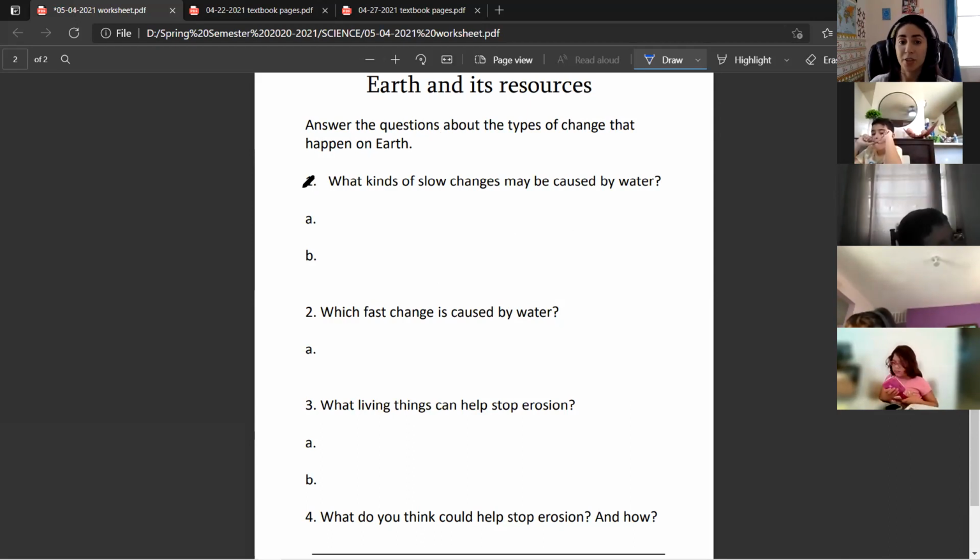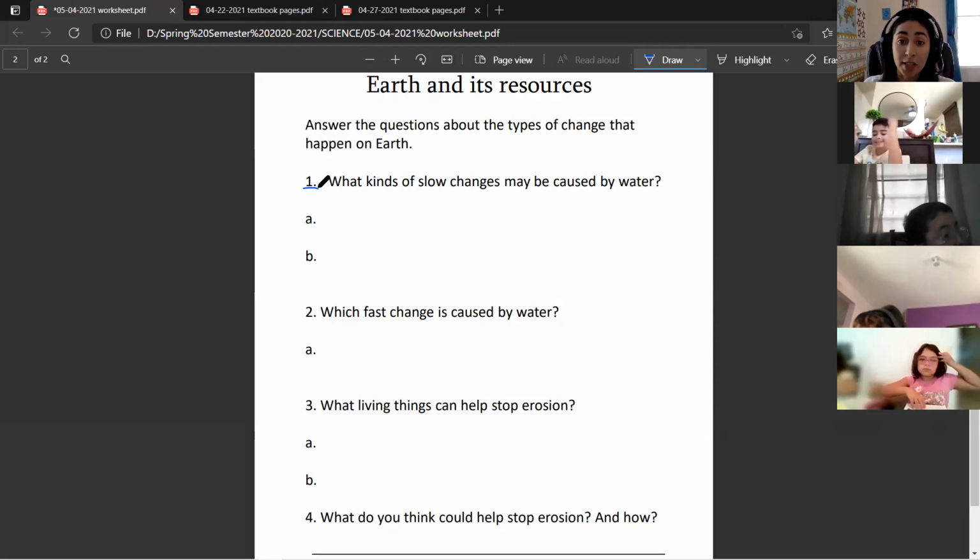Let's see. Question number 1. It says, what kinds of slow changes may be caused by water? Weathering and water. You have weathering, but the eruption of a volcano has nothing to do with water.